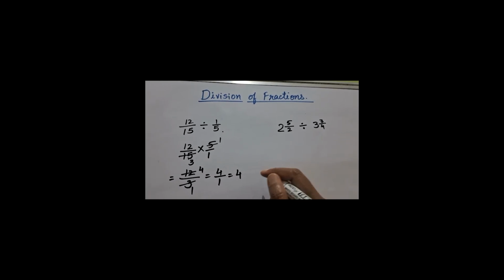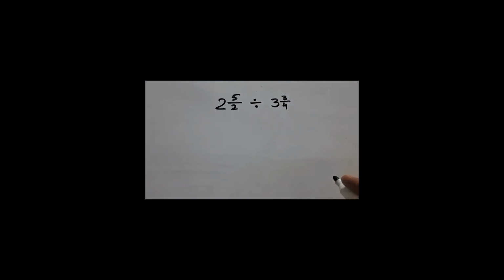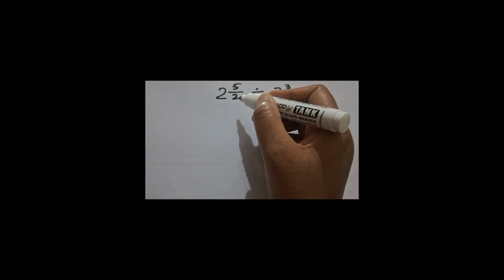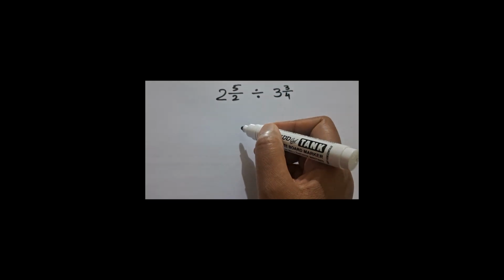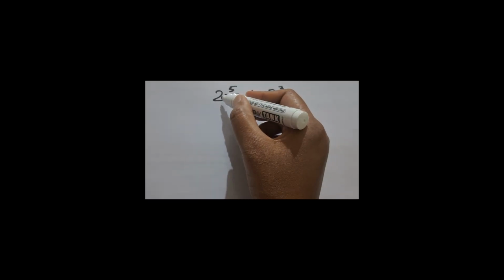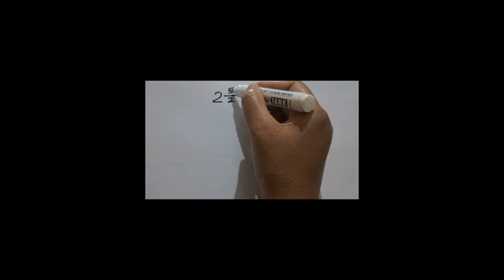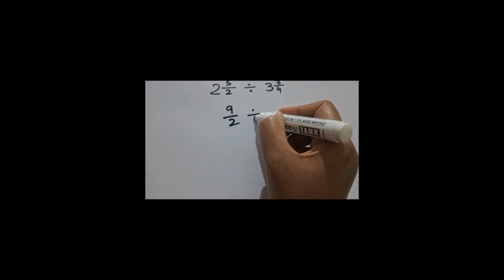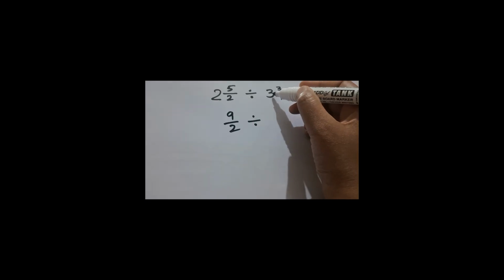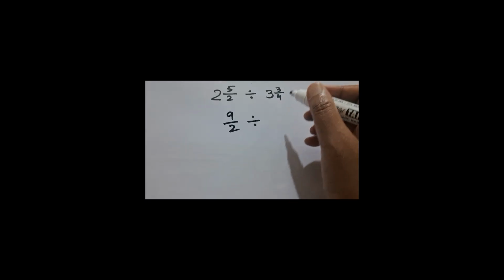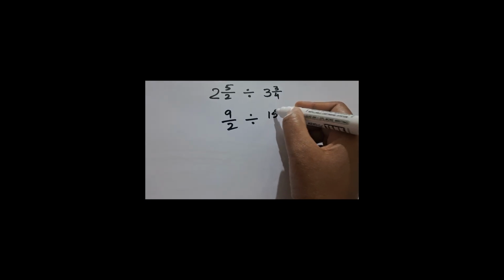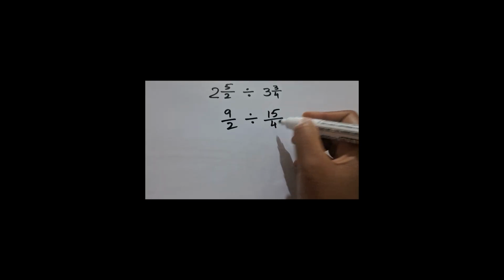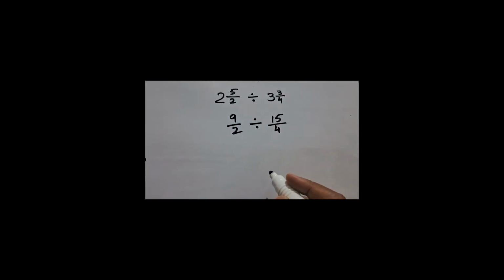Okay children. Now we'll take another example. The mixed fractions we need to convert to improper fractions. 2 into 2, 4. 4 plus 5 is 9. 9 by 2 divided by 4 threes are 12. 12 plus 3, 15 by 4. Okay. Now these two fractions.